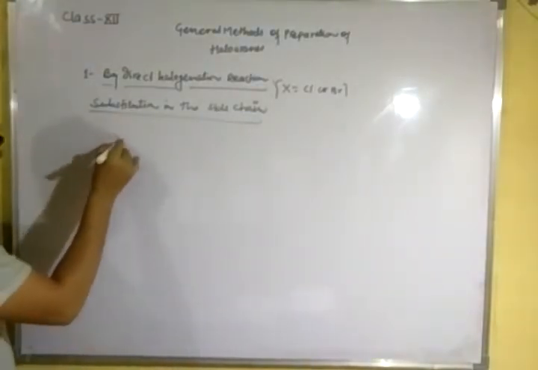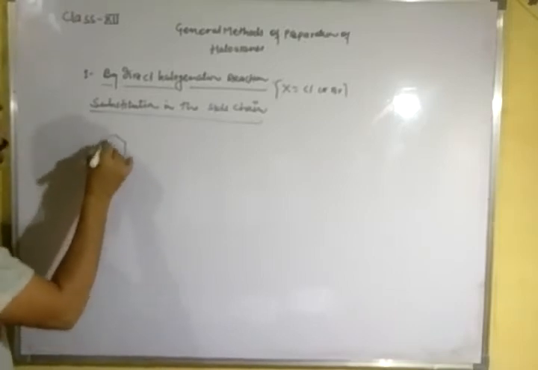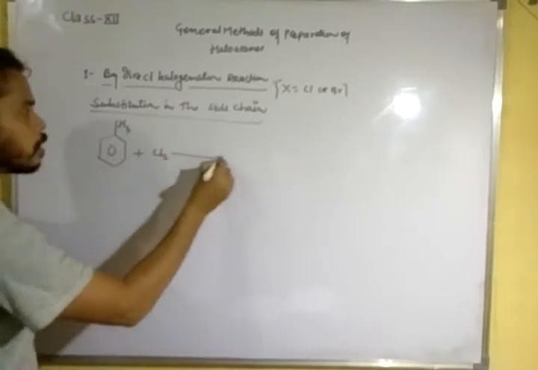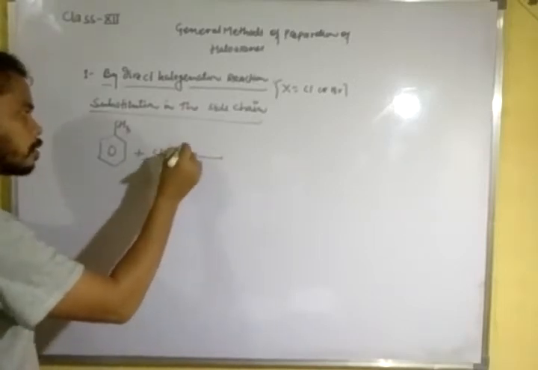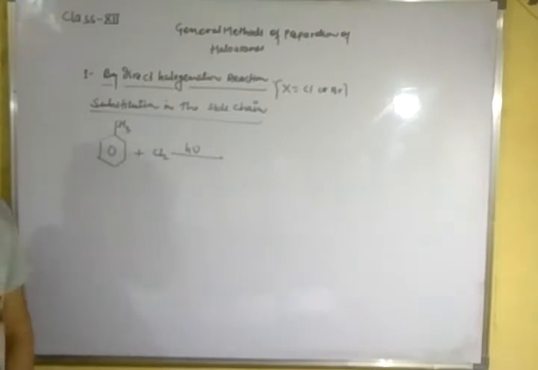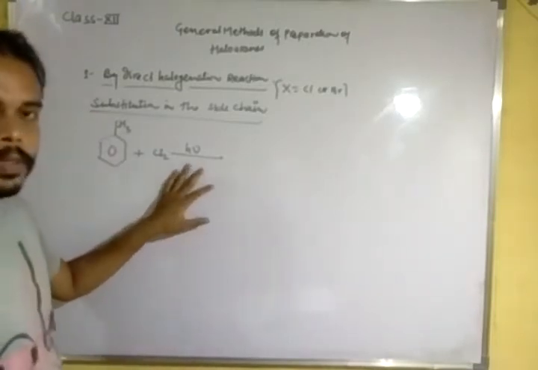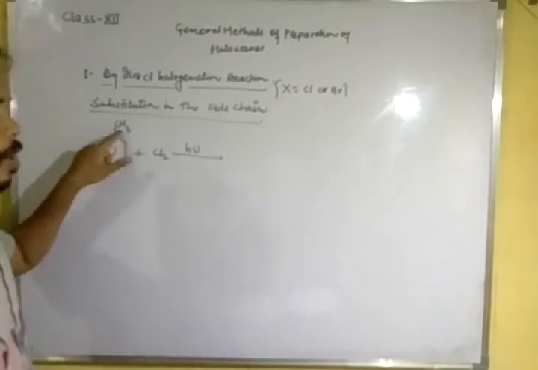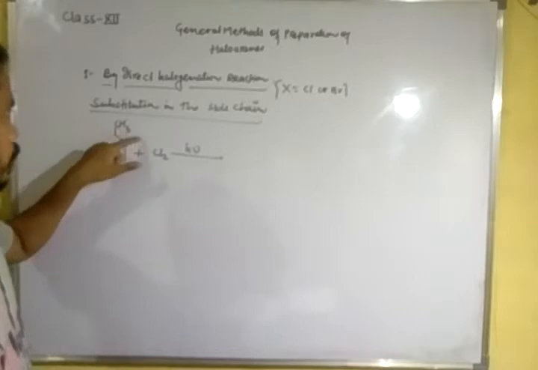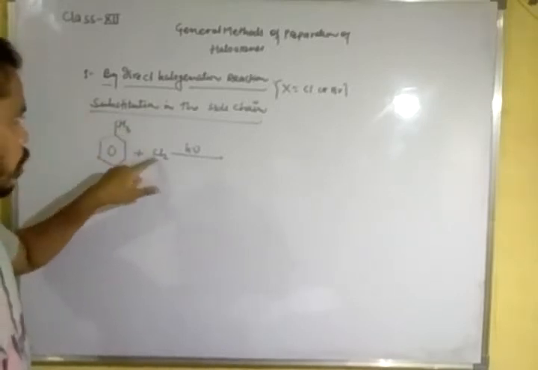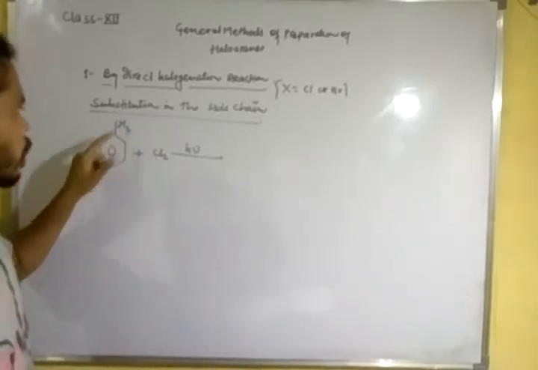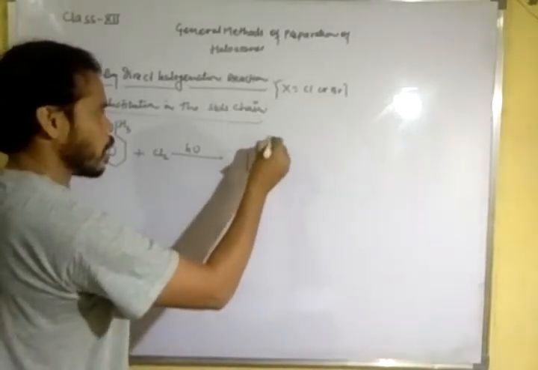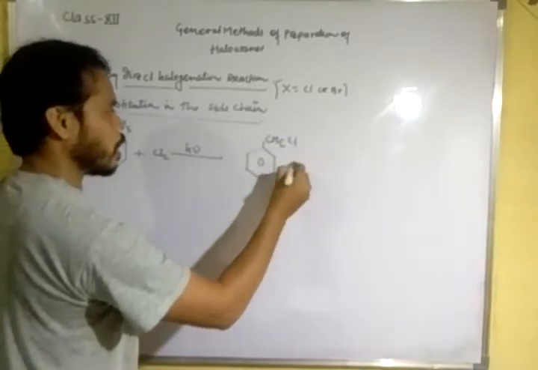See here, suppose toluene is treated with chlorine in the presence of sunlight and in the absence of a halogen carrier. The hydrogen atom is substituted from the side chain carbon. This is the side chain, and chlorine will substitute hydrogen from here and form a compound like CH2Cl, with HCl as a byproduct.